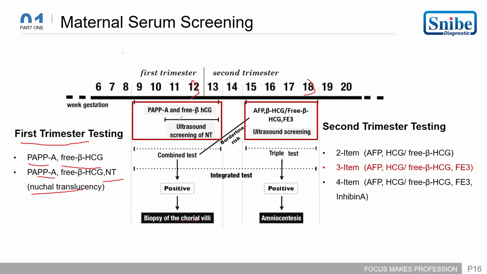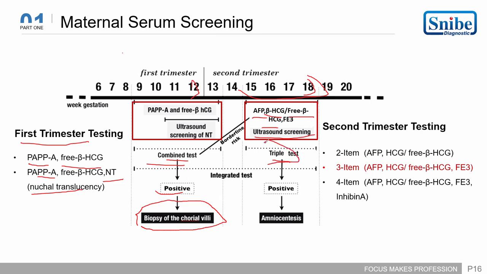If the PAPP-A, free beta HCG, and ultrasound screening of nuchal translucency, these combined tests, are positive, then an invasive procedure is recommended, a biopsy of the chorionic villi. In the second trimester, between weeks 15 to 18, the alpha fetoprotein, beta HCG, and free estriol, with ultrasound screening, help. That is called a combined test in the first trimester and a triple test in the second trimester.